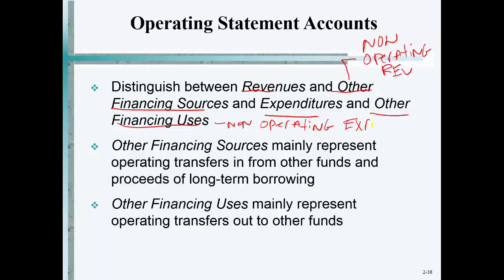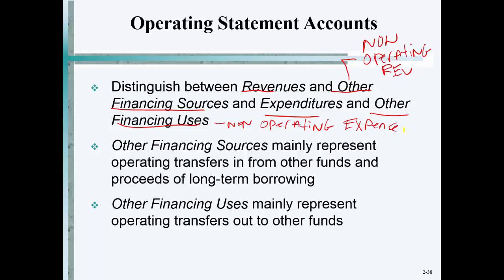Now you say, well, John, why don't you just call them non-operating revenues and expenses? Because the nature of these things are such that they don't really fall into the category of revenue or expense. So we call them other financing sources and uses, but they're non-operating items.